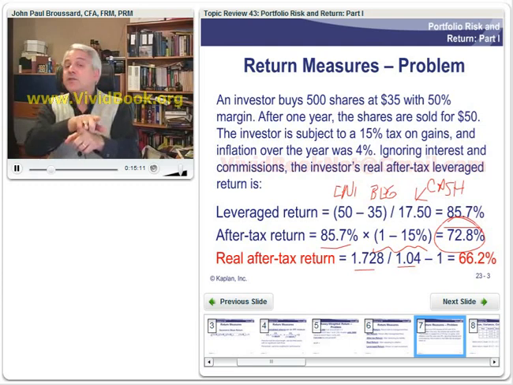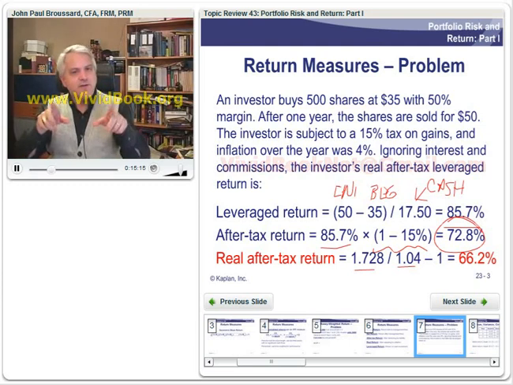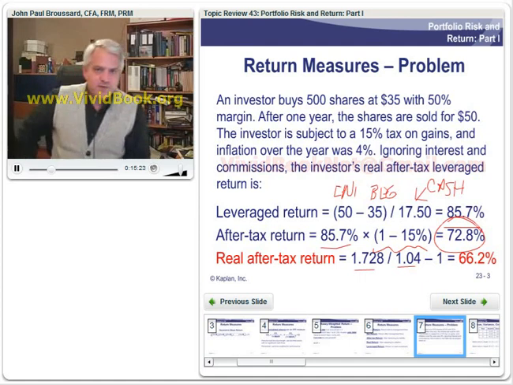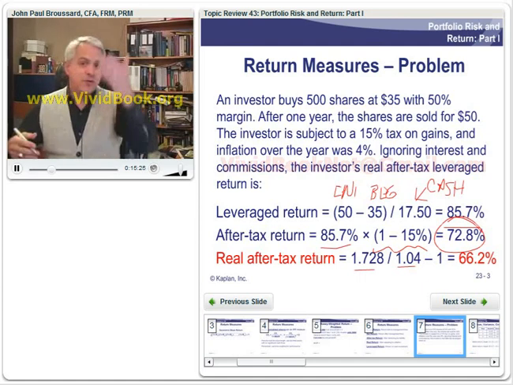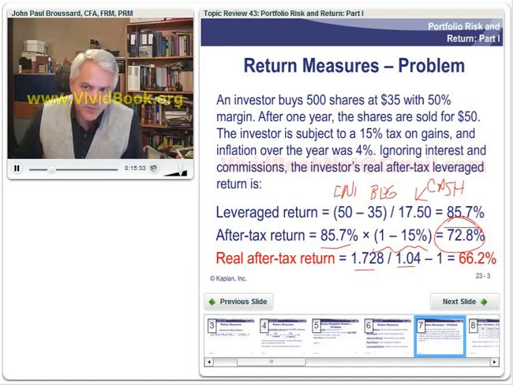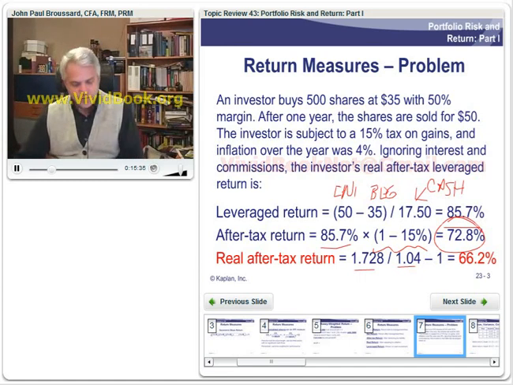If inflation was 4% in the second year, it's not like you have an 8% effect, but you had 1.04 times 1.04. The idea is very similar to present value. If that dollar were worth $1.72 a year from now, what would it have been worth in today's terms? And that's where we get the 66.2% number that you see in the calculation.